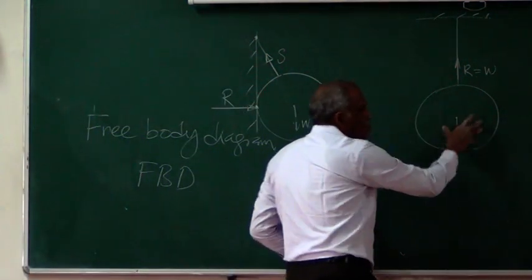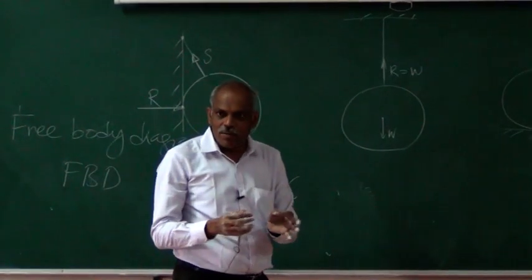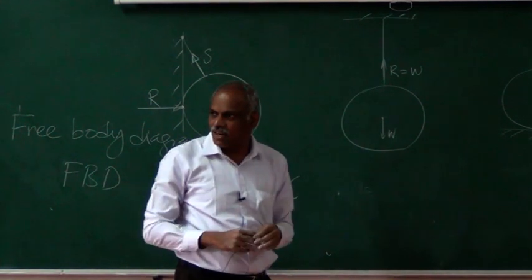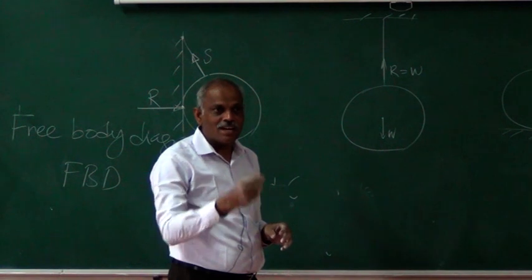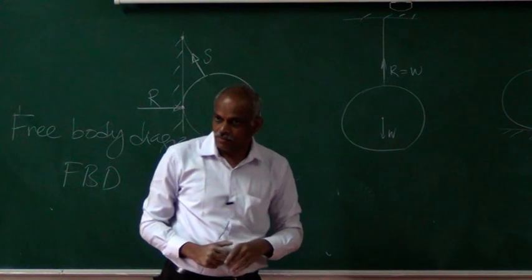If this is the ball and the string is a constraint, for drawing the free body diagram, I remove the constraint, that is the string, not just like that, but I have to incorporate the reaction force given by the constraint.